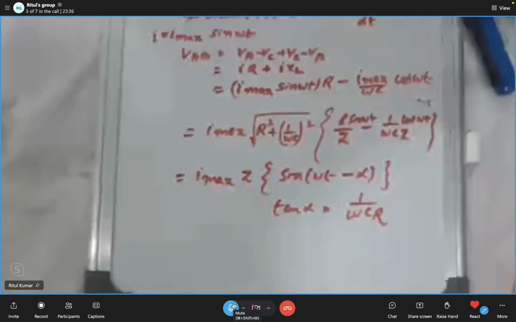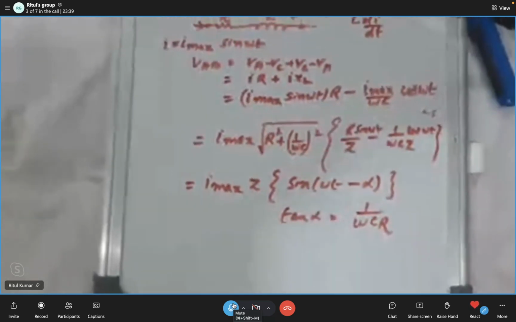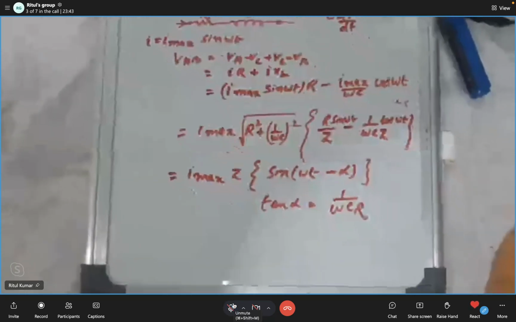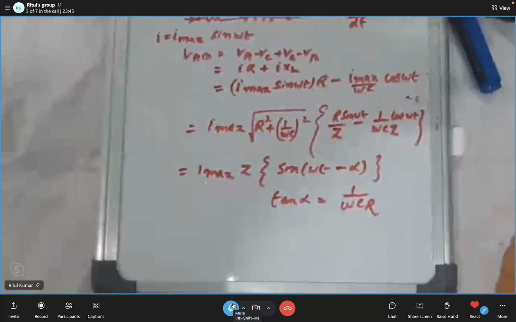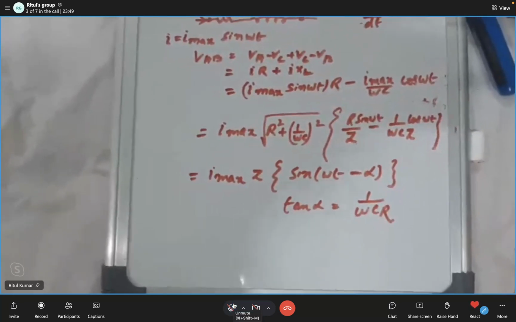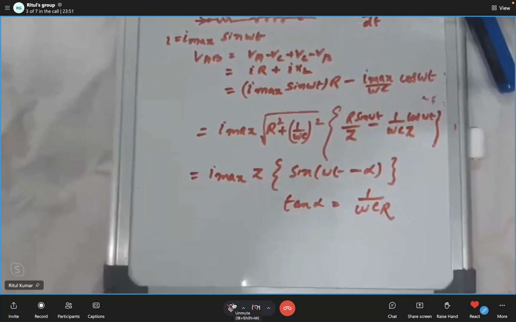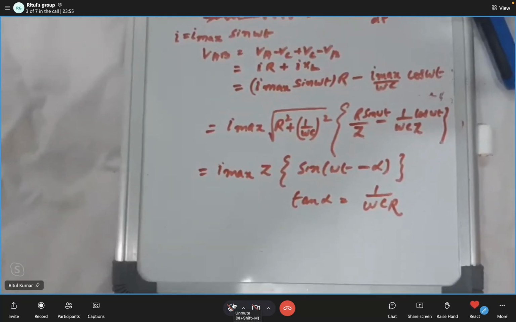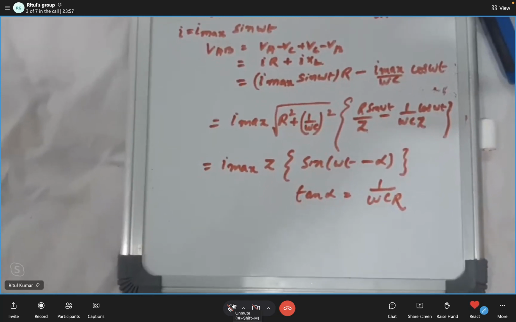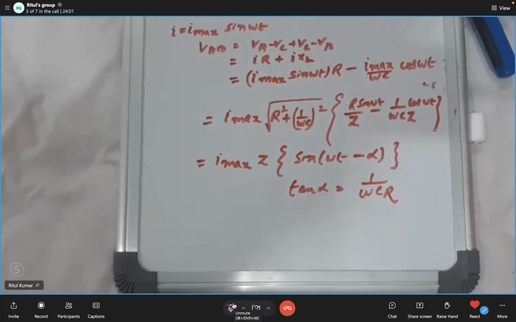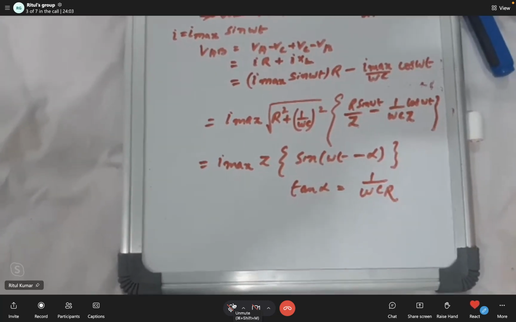And what is the inference drawn? Voltage will lag current or lead current in this RC circuit? Voltage will lag current, or in other words, current will lead voltage by what angle? Alpha, where alpha is tan inverse of 1 by omega C R. Correct?